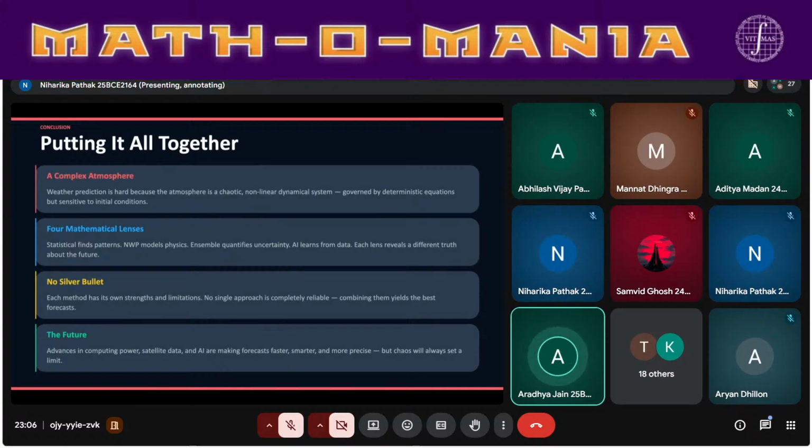But it also tells us a lot about the weather and has a good amount of accuracy in that short interval of time. So we cannot have one particular predicting method, but we can have good results using all of these, right?